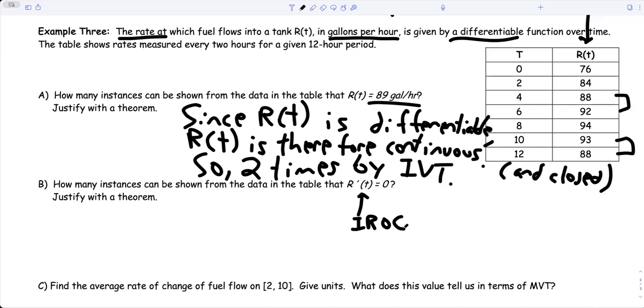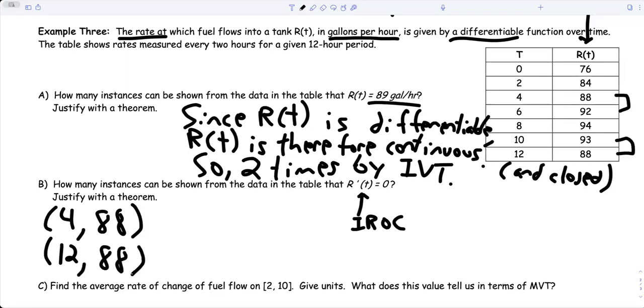What is the average rate of change from 4 to 12? At 4, what's the value of R of t? 88. At 12, what's the value of R of t? 88. So what's the average rate of change? Gonna be 0, right? You set it up, 88 minus 88 over 12 minus 4 equals 0.